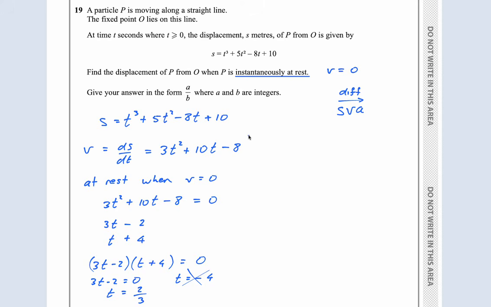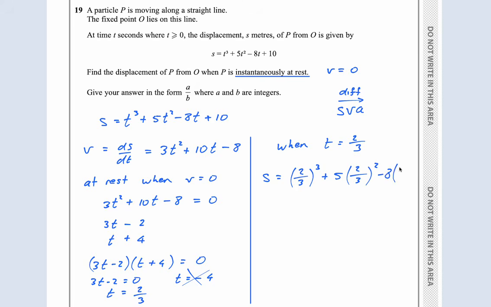Okay, so over here, I'm just going to do the rest of this question, guys. When t equals 2/3, so he wants me to write this as a fraction. So when t is 2/3, s is equal to 2/3 cubed plus 5 times 2/3 squared minus 8 times 2/3 plus 10.